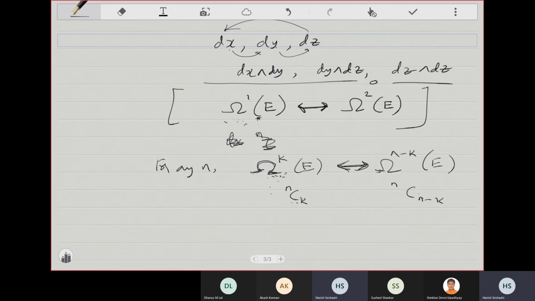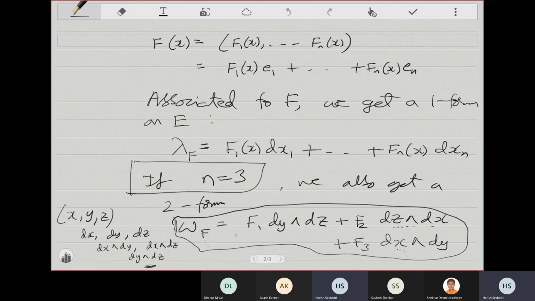But it's not just by counting that one gets the natural map. That is a different story, how one gets that. But here we have an explicit description of the map, which takes me, starting with a 1 form, to a 2 form. And notice that I can go the other way around also. If I have a 2 form, I can always write it like this, F1, this, and so on.